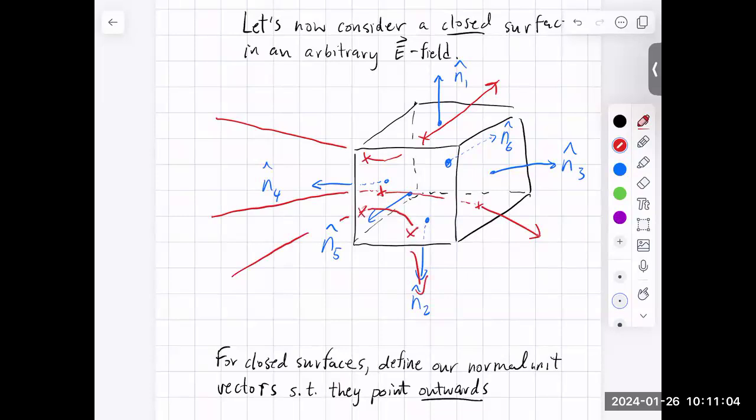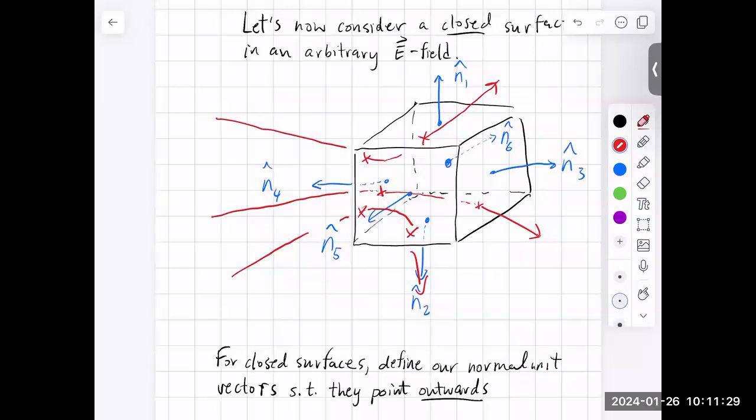Okay, so the first question is, what is the net flux through this closed surface? Well, what we know is we're going to have positive flux when the electric field is approximately parallel to the normal vector.